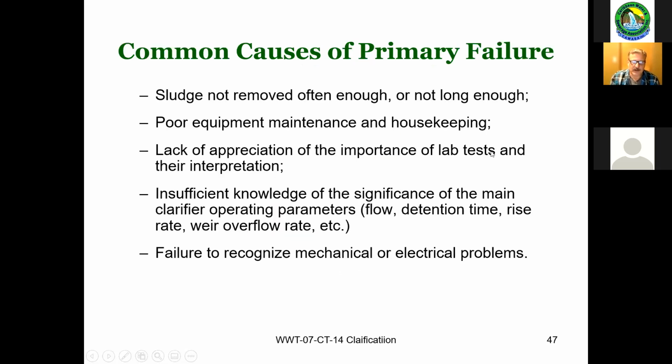Just a couple common causes, the last slide on primary treatment, of primary failures: sludge not removed often enough, poor equipment maintenance, lack of appreciation for the importance of lab tests, and failure to recognize mechanical or electrical problems.